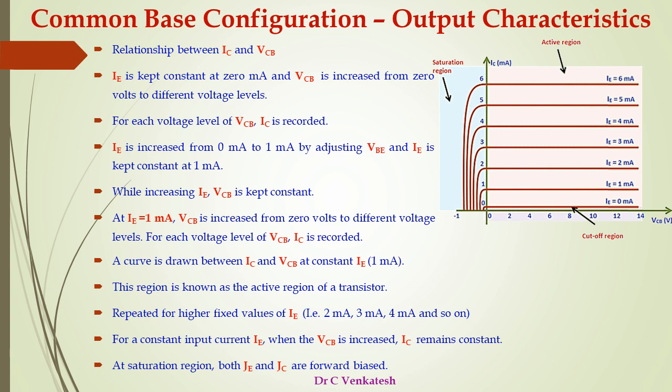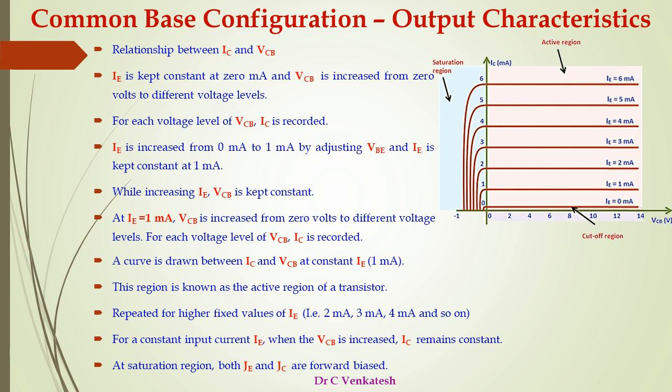After we keep the input current IE constant at 1 milliampere, the output voltage VCB is increased from 0 volts to different voltage levels. For each voltage level of VCB, the output current IC is recorded.